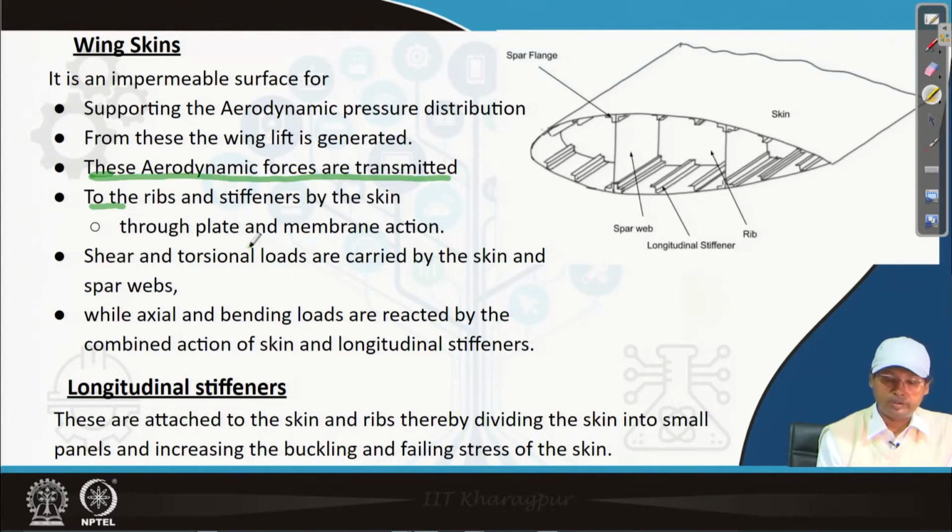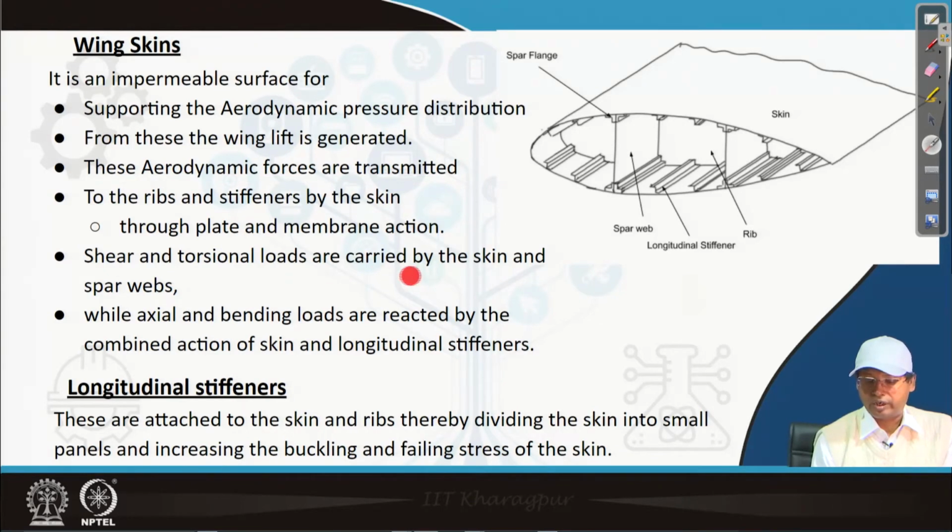So, it transfers the loads to the ribs as well as to the stiffeners through plate and membrane action. Shear and torsional loads are carried by the skin and spar webs, while axial and bending loads are reacted by the combined action of skin and longitudinal stiffeners.